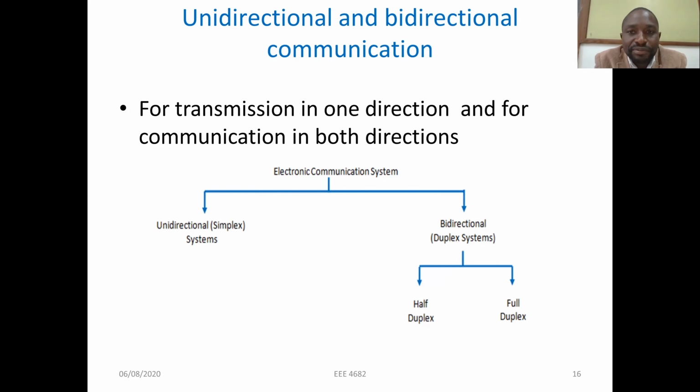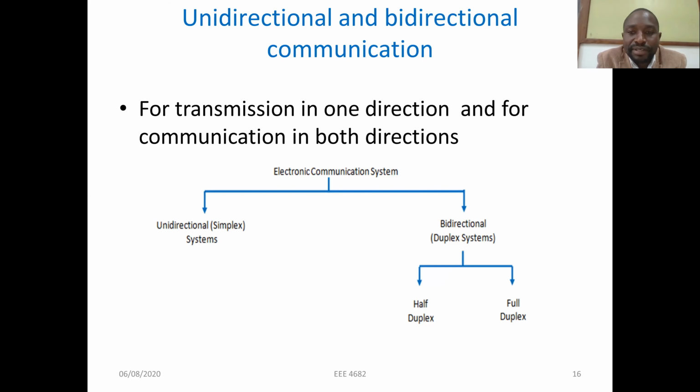Now, for transmission in one direction and for communication in both directions, we talk of unidirectional if it is in one direction, and a good example there is simplex, and for bidirectional, there are two: half duplex as well as full duplex.